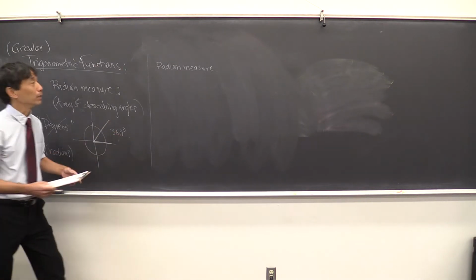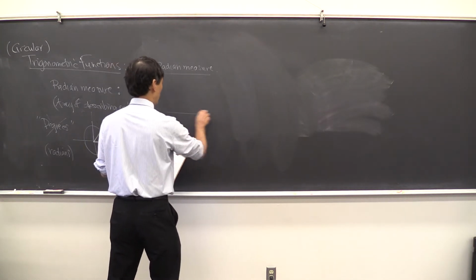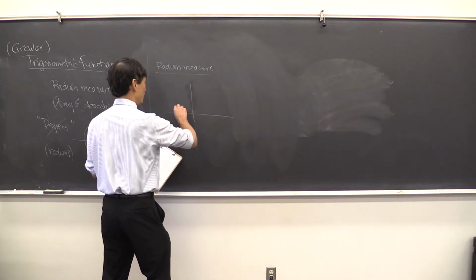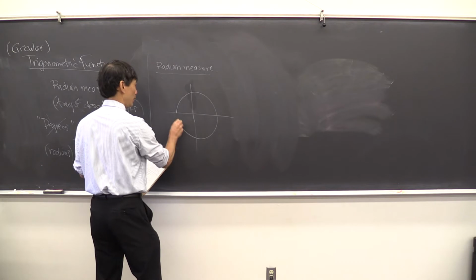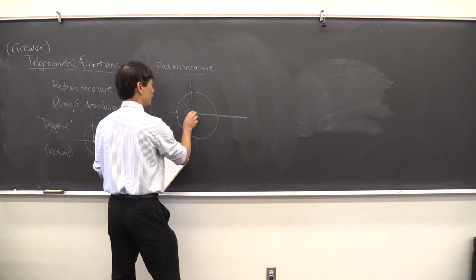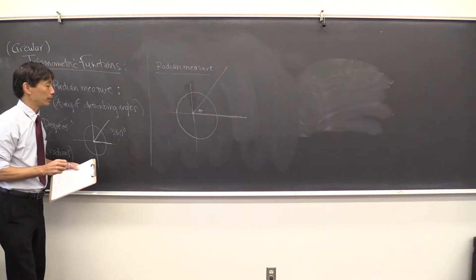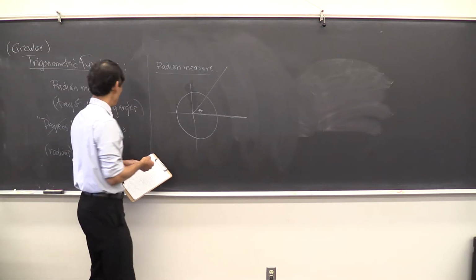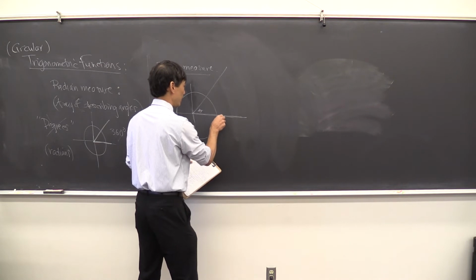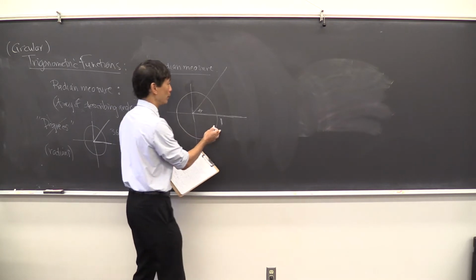So in radian measure, how do you describe an angle? Say I have an angle like this, and let's call it theta. To describe the angle, suppose this is a unit circle.